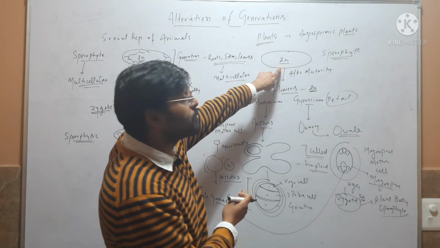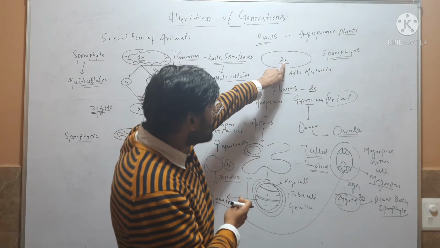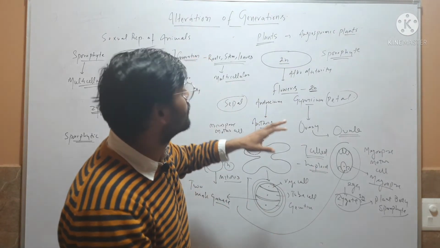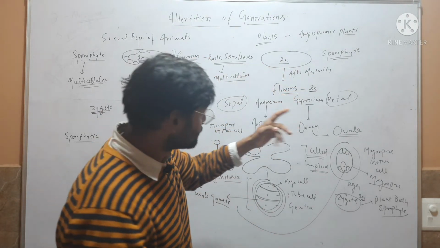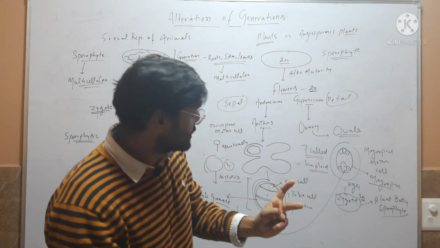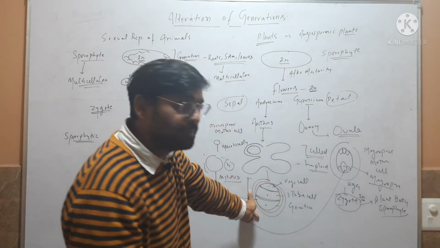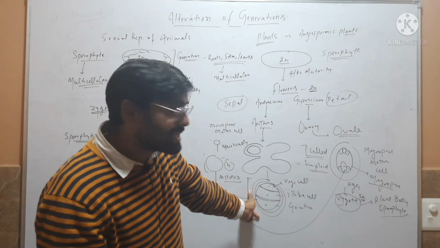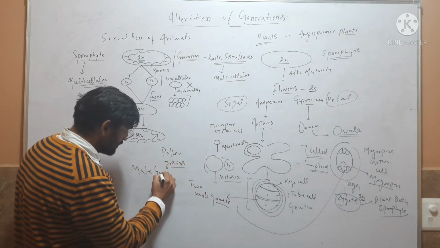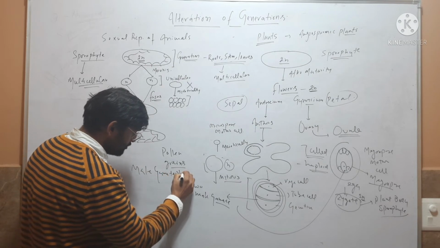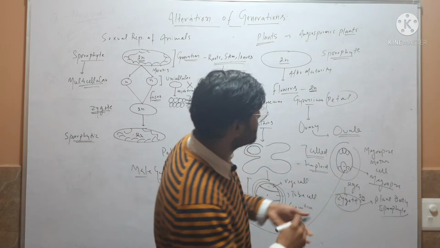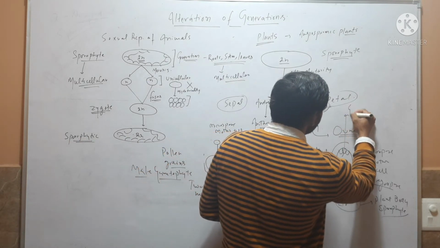So here we can see that there are 2 distinct generations. The first is the sporophytic generation, a diploid multicellular generation, that is the plant body, which includes roots, stems and leaves. The second is the haploid generation. This 3-celled structure is called the male gametophyte, and this 7-celled structure is called the female gametophyte.